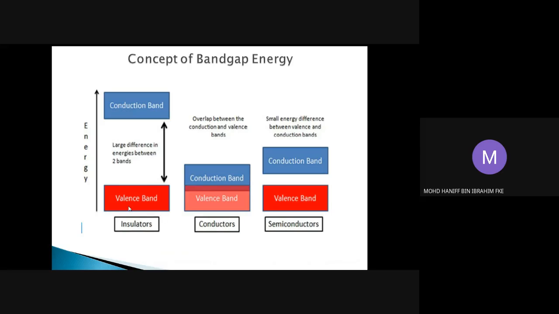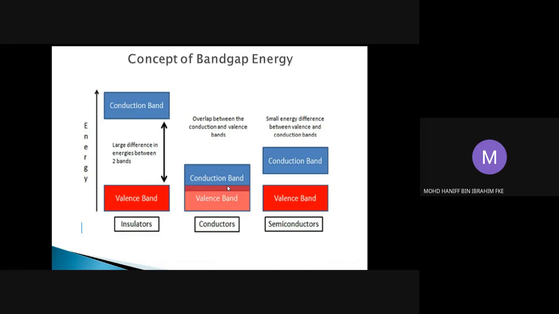This is the characteristic of insulators. Whereas for the conductors, the conduction band and the valence band overlap with each other, so electrons can move very easily from the valence band to the conduction band. This is the case of conductors.